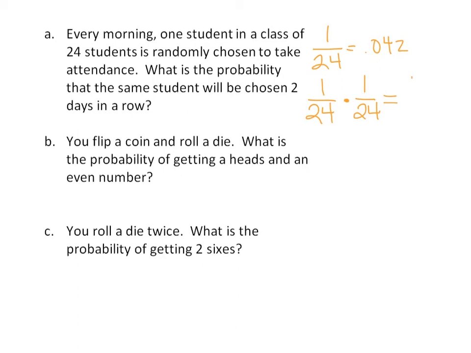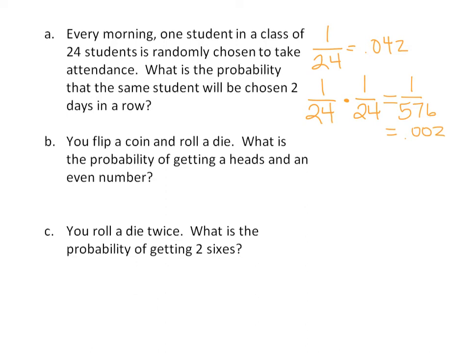So 1 times 1 is 1, and 24 times 24 is 576. If I divide 1 by 576, it is very unlikely, like we said. 0.002 is the probability. That means less than 1% and far less. So very unlikely, and definitely less likely than being chosen just 1 day in a row.